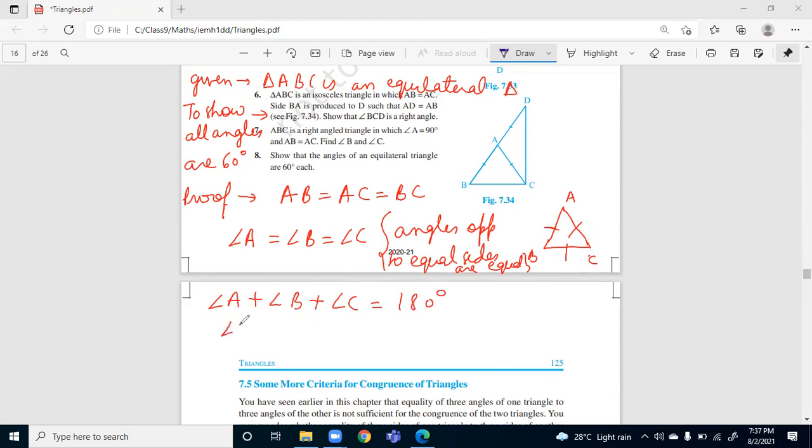In place of B, I can write A, in place of C, I can write A. So I got 3 angle A is equal to 180 degree, or I got angle A is equal to 60 degree. Same is true for B, same is true for C. So if it is an equilateral triangle, meaning all sides are equal, then all angles will also be equal, or 60 degree each.